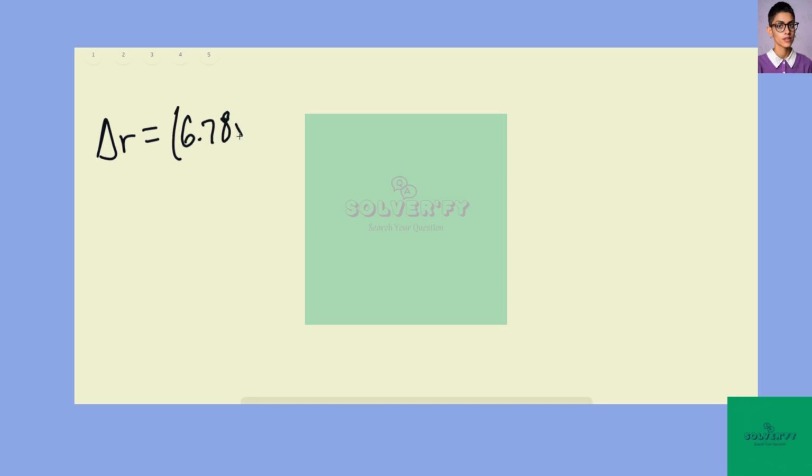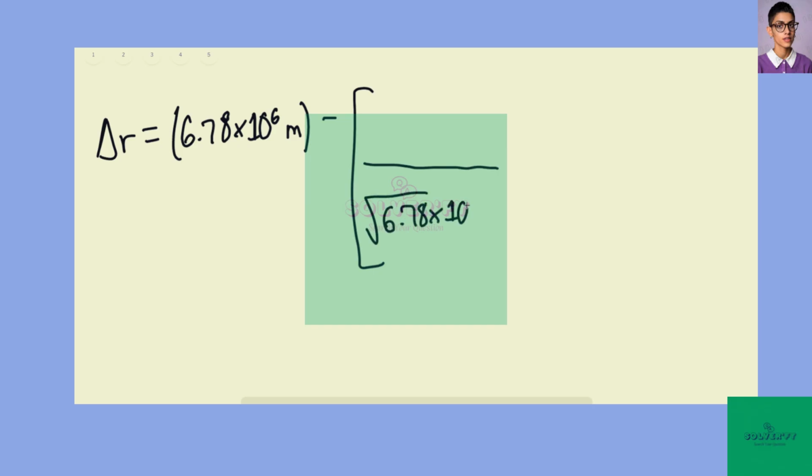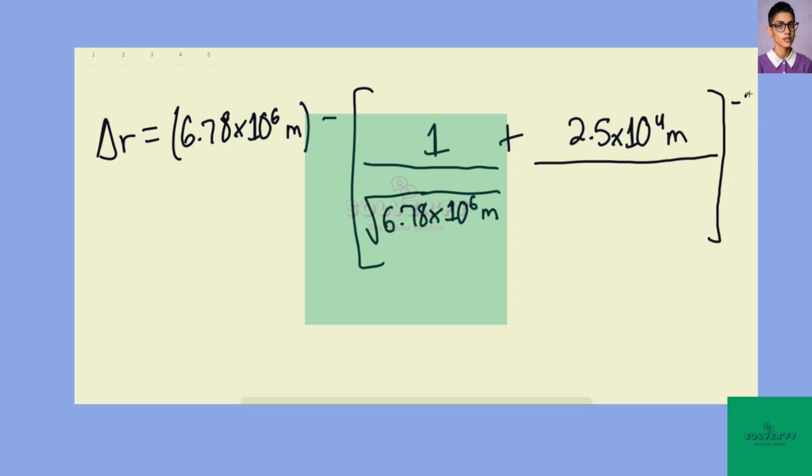6.78 times 10 to the 6th meters minus, and then we'll have 6.78 times 10 to the 6th meters, and then plus 2.5 times 10 to the 4th meters, and again, it's all to the -2nd.